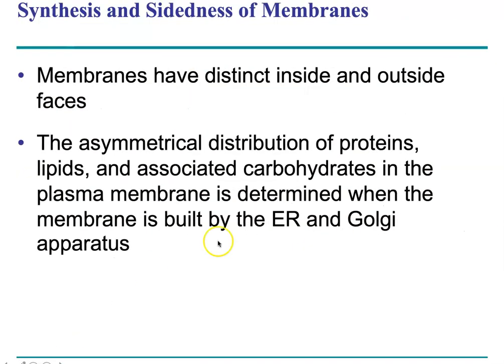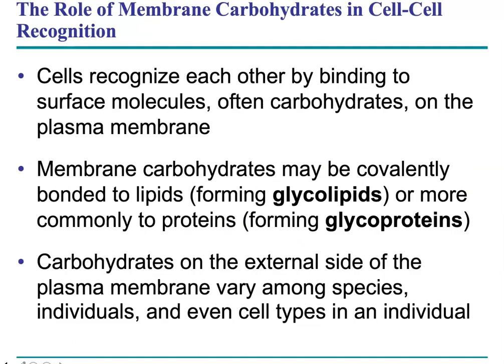So this is what we were talking about in terms of cell-to-cell recognition. They're usually known as glycoproteins, where glyco comes from the word carbohydrates, and glycolipids. Glyco comes from carbohydrates as well, and lipids is from lipids.